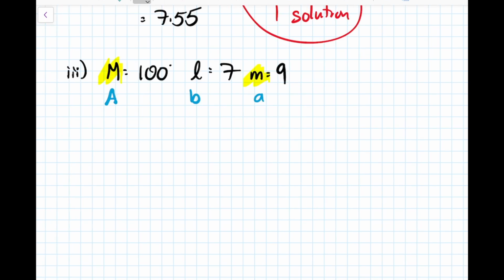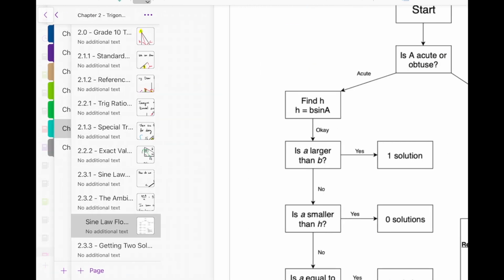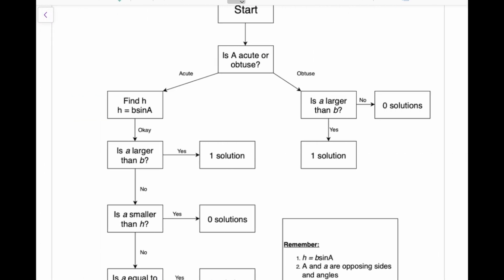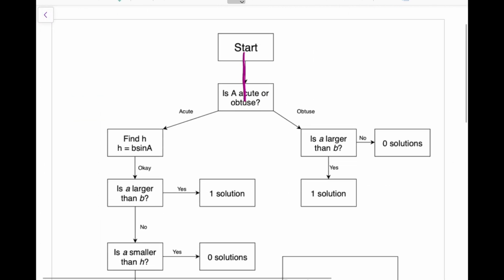And so if we look at our flowchart, our angle is obtuse this time, so we're going to go to the right path. And then over here, we just have to ask, is A bigger than B? So in this case, our A equivalent is 9, and our B equivalent is 7. So A is bigger than B. We have one solution.